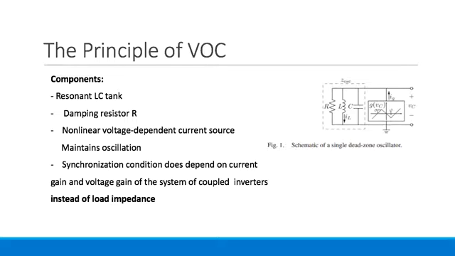It has an LC tank and a damping resistor, and it is very essential to point out that the synchronization condition does depend on the current gain and voltage gain of the system of the coupled inverter instead of the load impedance.